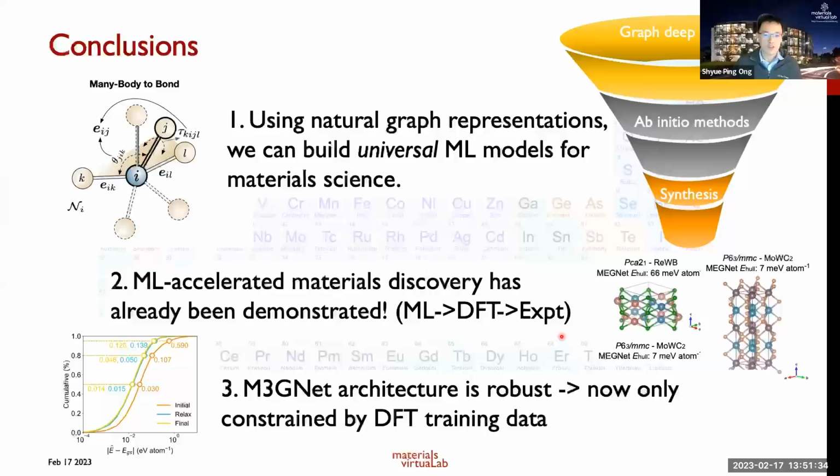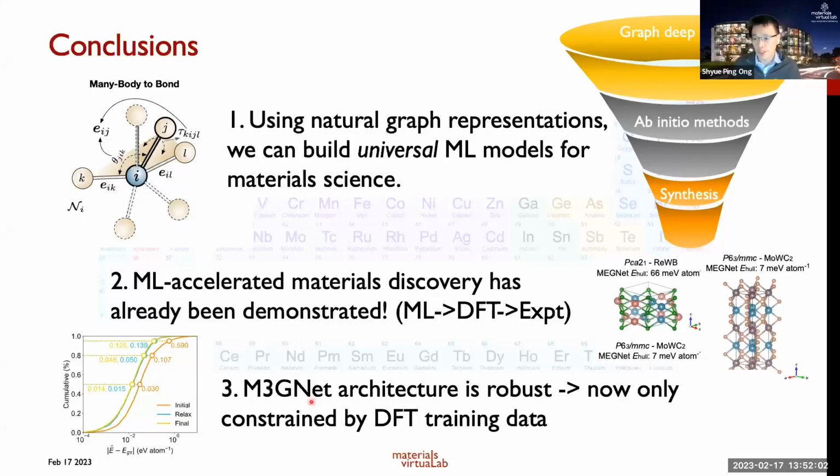And just to conclude, graphs are a very natural representation for materials. And in fact, with graphs, you can build universal machine learning models. Machine learning accelerated materials discovery has been demonstrated even without M3GNet, okay? So I am very confident that machine learning will be a very powerful tool for us in exploring new materials for various applications.